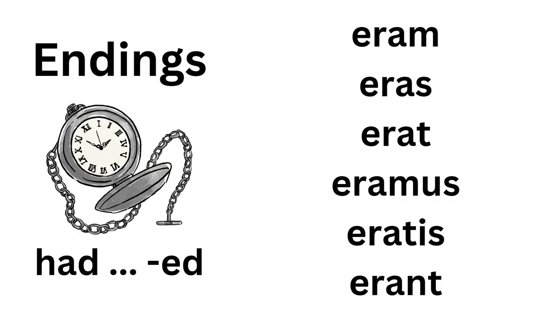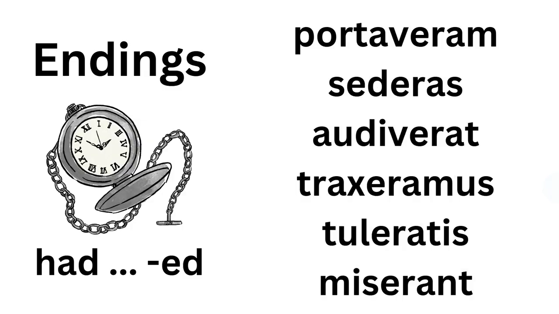Here are those same verbs again, this time in the pluperfect. Portaveram, I had carried. So I've got the same perfect stem, portav, and then eram added to it. Sederas, you had sat. Audiverat, he or she had heard. Traxeramus, we had dragged. Tuleratis, again, very weird stem.